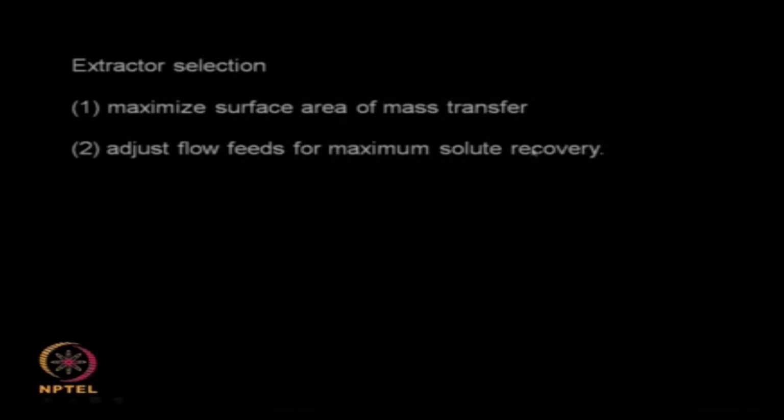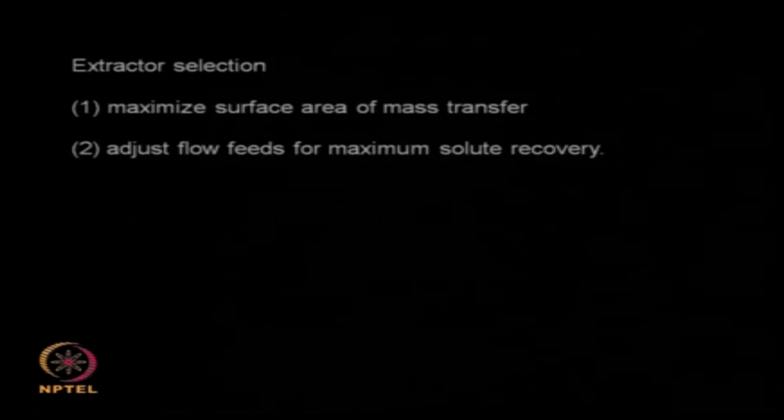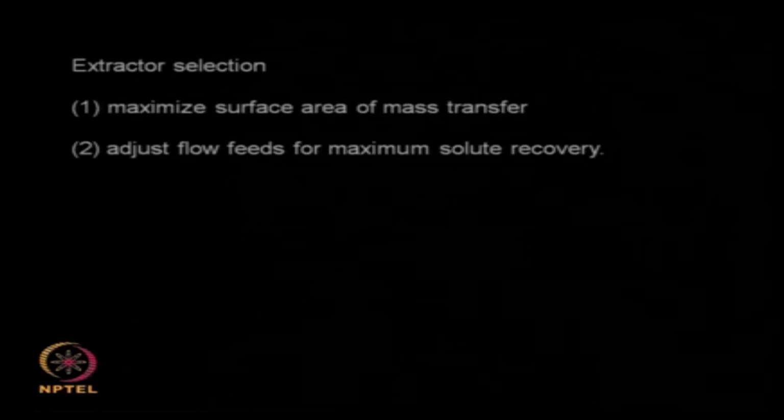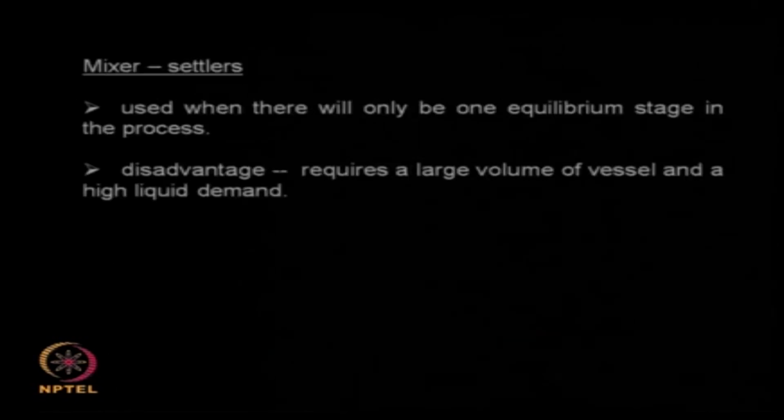That means as much of the solute that is present in your medium is recovered, and if it is a protein which is high value, then you want to recover almost 100% of the protein into your solvent layer. So, these are the two factors which affect your selection of the extractor. We talked about broadly three types of extractors, if you very clearly remember.